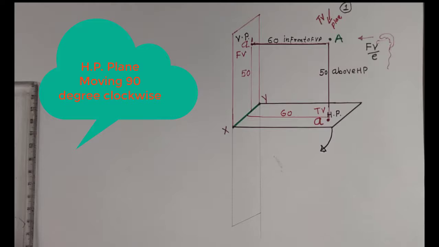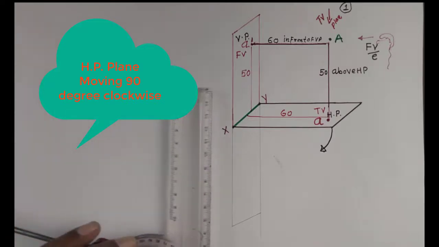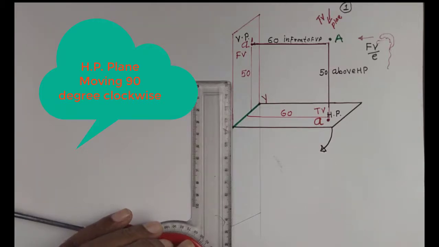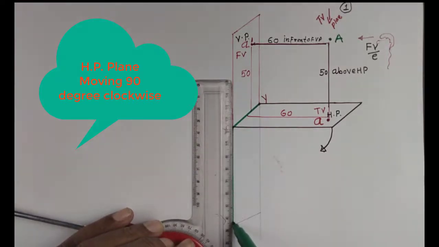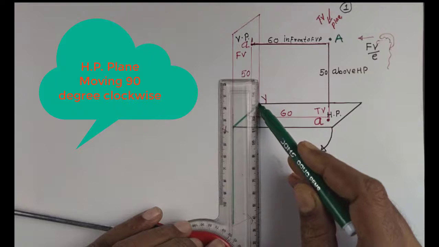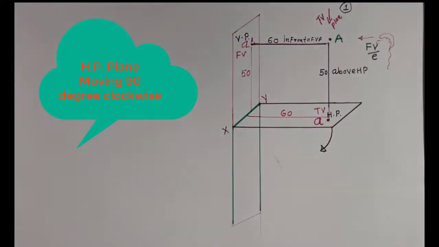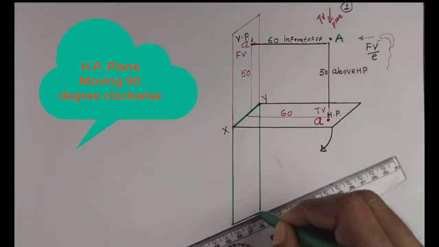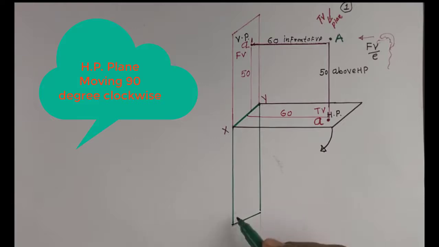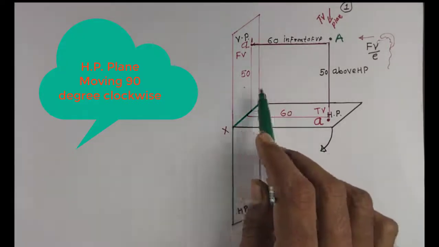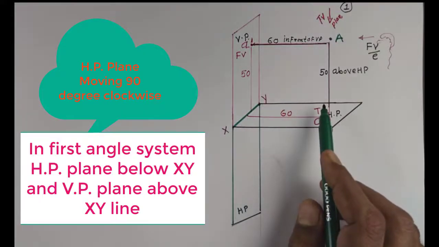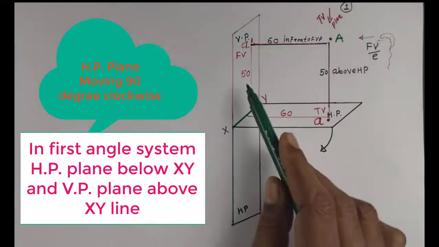So your HP plane goes in the downward direction, and our 3D representation is converted into a 2D representation.